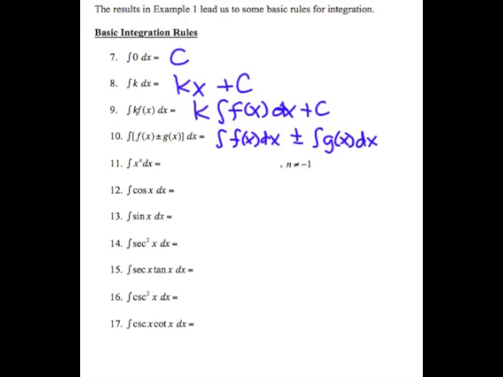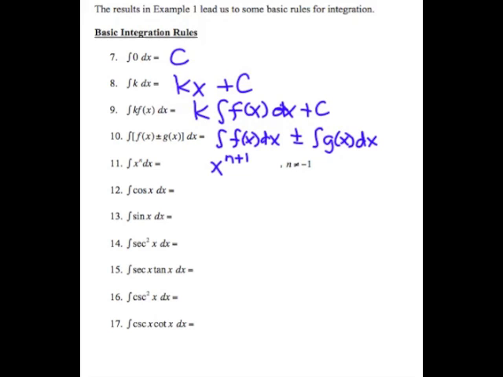The next one is probably the most interesting one we've seen so far, and it's a generalization of what we saw in part A and B from the previous example. If you have x to some power, we know that we are going to increase that power by 1. So we'll see x to the n plus 1.